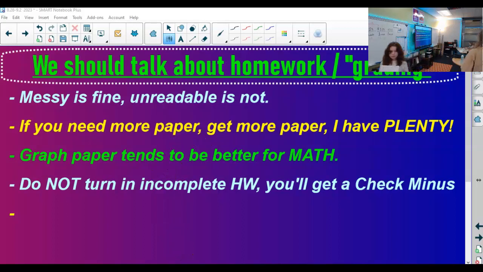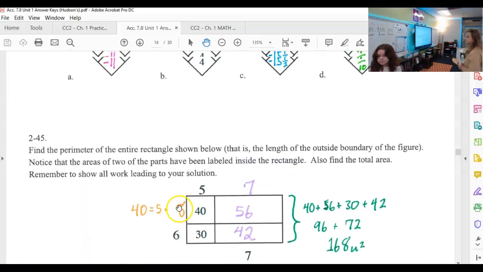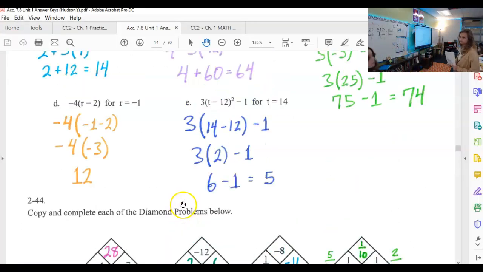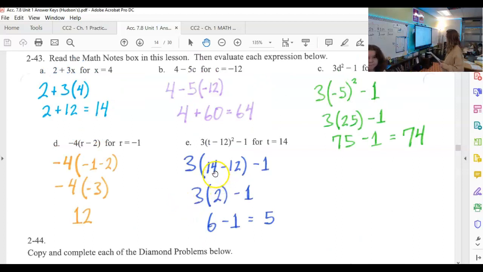On which one? 2.1.4. Me and Laurel were confused because we both got 11. Oh, then I totally might have been wrong. 14 minus 2. I forgot to square. Hey, look. Claire and Laurel get candy. Because in my distractedness, probably doing this while also somewhere not at home, I forgot to carry down this squared.